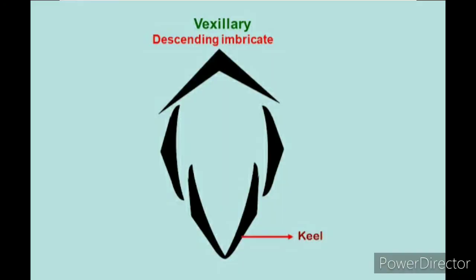And we have vexillary. Of the five petals, the posterior one is the largest and nearly covers the two lateral petals, the wings, and it is known as vexillary.